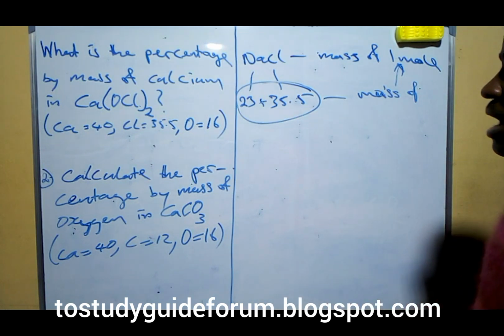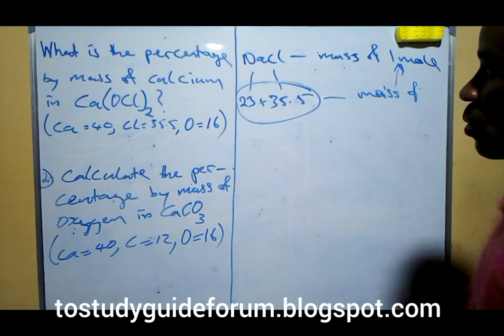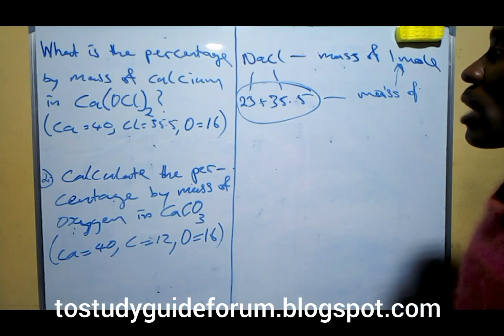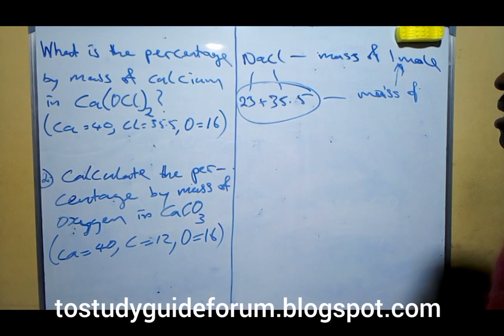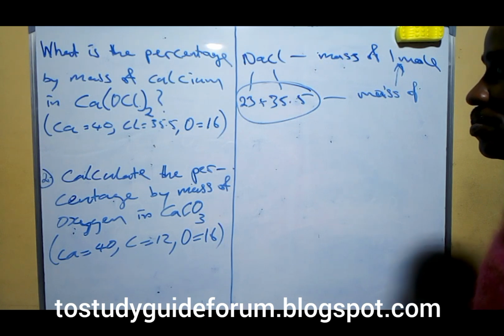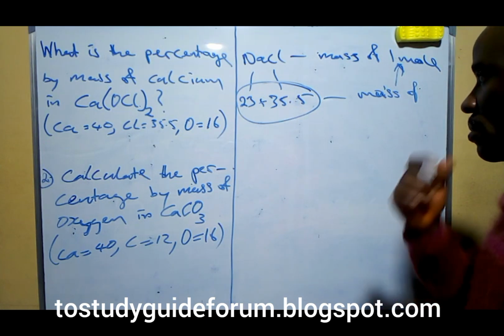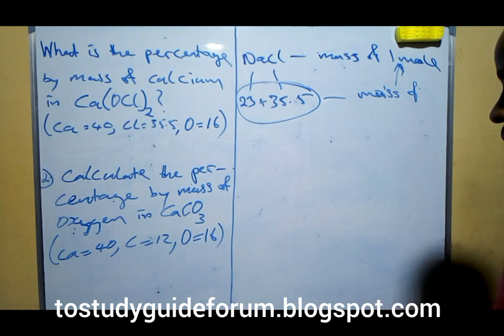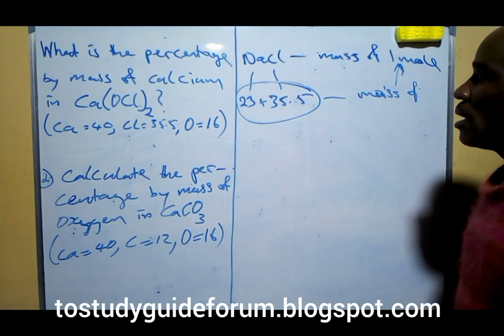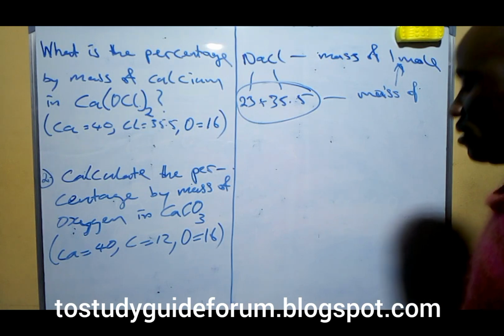So we have some questions that will help us do this at the same time. The first one says we should calculate the percentage by mass of calcium in calcium chloride.